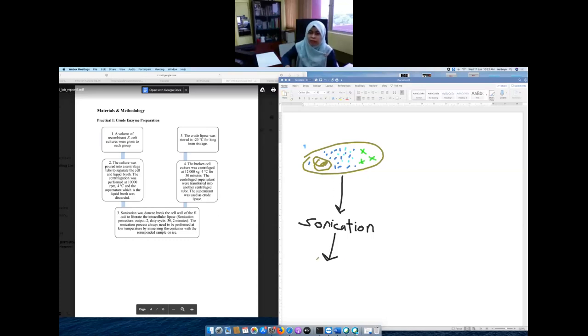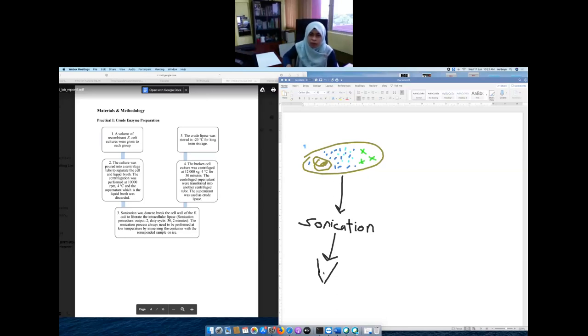What's next? We're going to centrifuge. We spin this down. And then what do we have inside? We will have everything inside the tube.